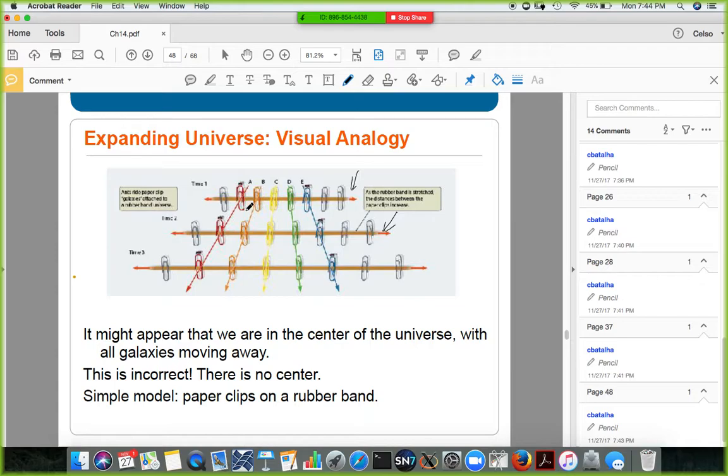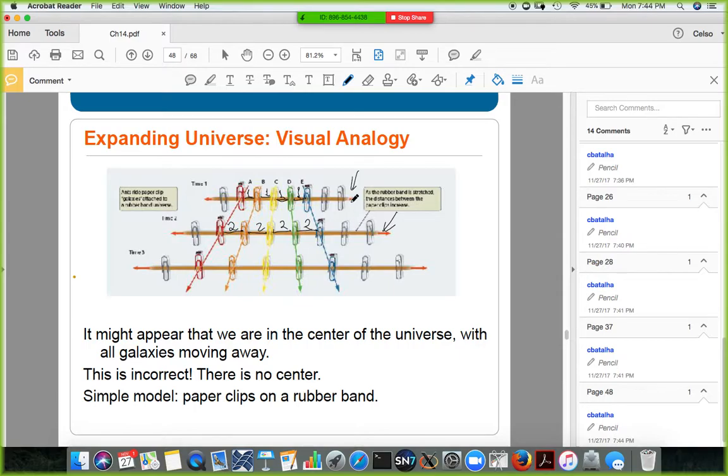From A to B, you have a distance of, let's say, 1 inch. Same here, 1 inch, 1 inch. Then 1 second later, the distance from A to B is 2 inches. It was 1, now it's 2, for each pair.